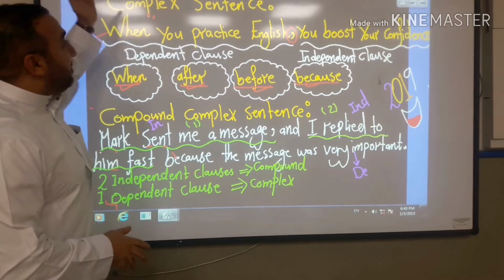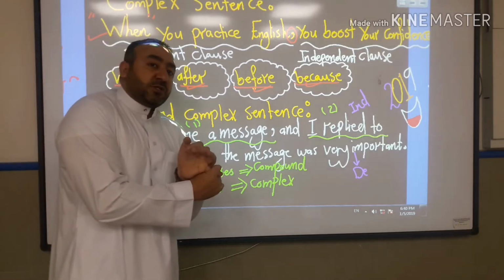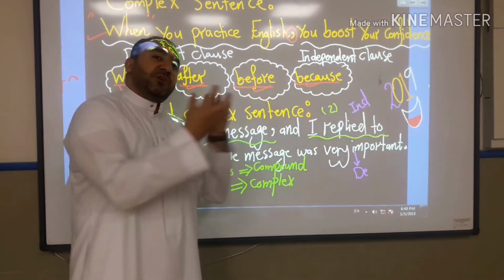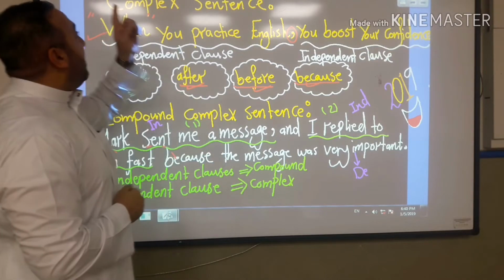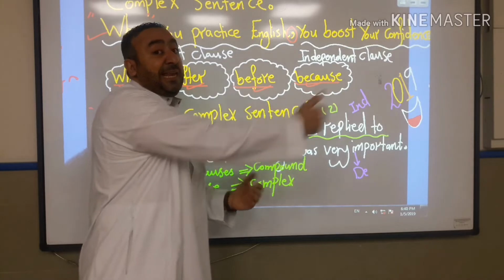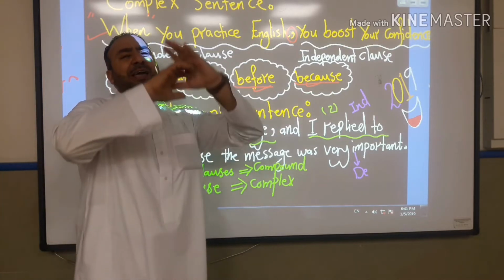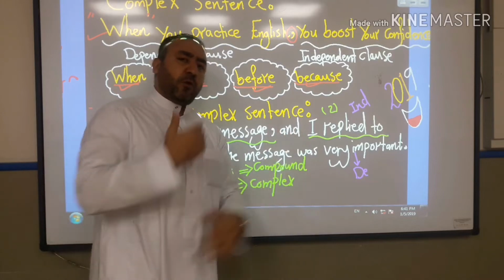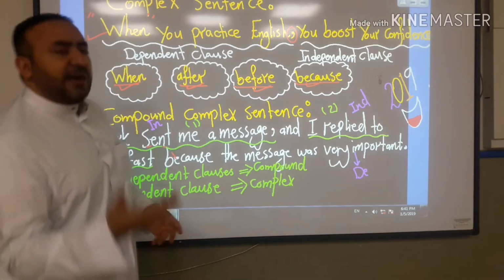So remember that the simple sentence has only one structure without any conjunctions. The compound sentence has two complete thoughts joined by a conjunction in the middle. The complex sentence has a dependent clause and an independent clause joined by conjunctions such as when, after, before, because, and so on.